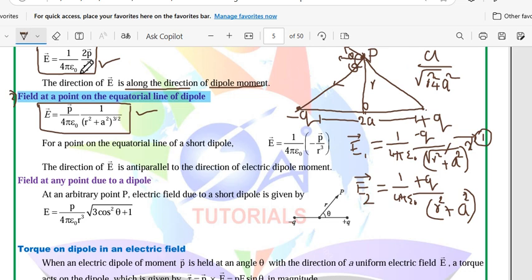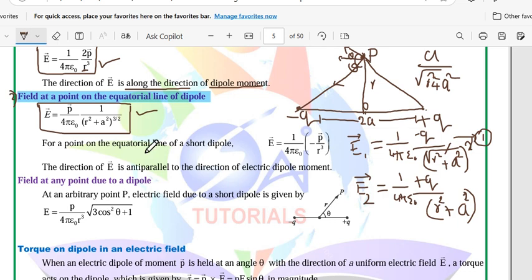Therefore, E will become P divided by 4 pi epsilon naught into 1 divided by (r square plus a square) whole to the power of 3 by 2. This is a very important concept related to the field at a point on the equatorial line of a dipole.